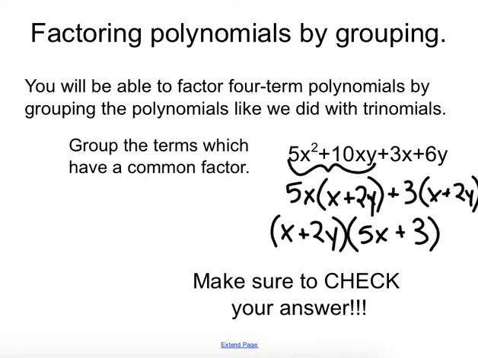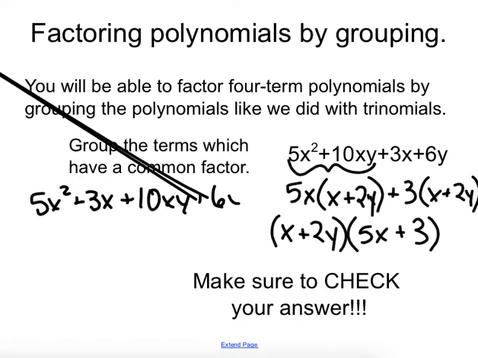Now, what if this were not the order that was given? What if it was put in a different order? Would it still work? So let's try it and say, what if it were in the order of 5x squared plus 3x and 10xy and 6y? Just to see what would happen if this were in a different grouping.